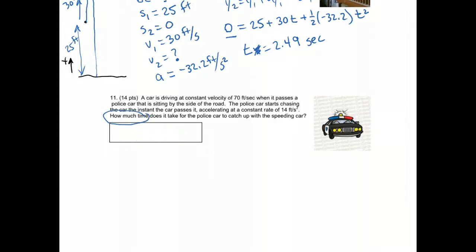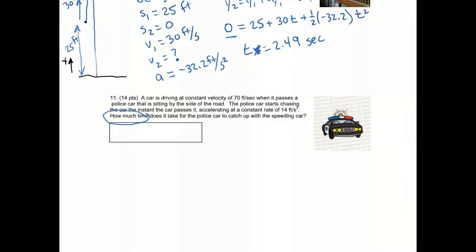The problem starts when they're at the same location, and ends when they're at the same location. That says the change in distance is going to be the same. The difference is that one starts from rest and accelerates, the other drives at a constant velocity. So this is similar to the elevator problem we worked in lecture.